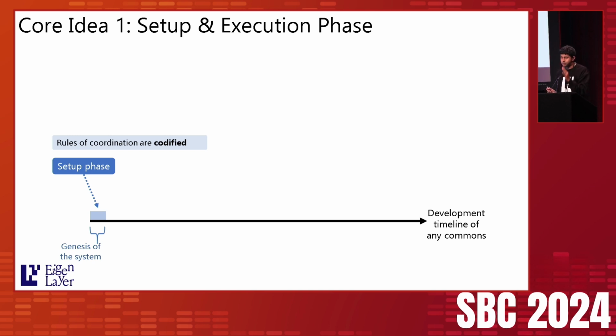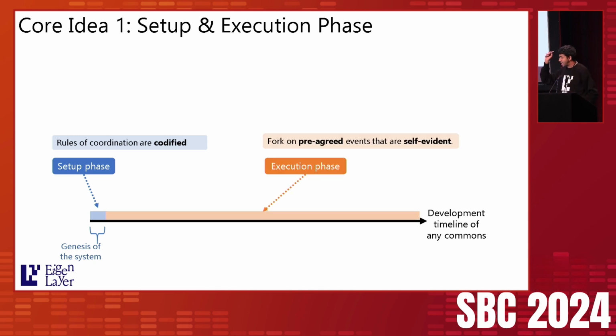There is a setup phase which presets what the conditions of forking are, and then an execution phase where you just follow the pre-agreed conditions. You fork on pre-agreed events that are self-evident. Two words: pre-agreed, self-evident.